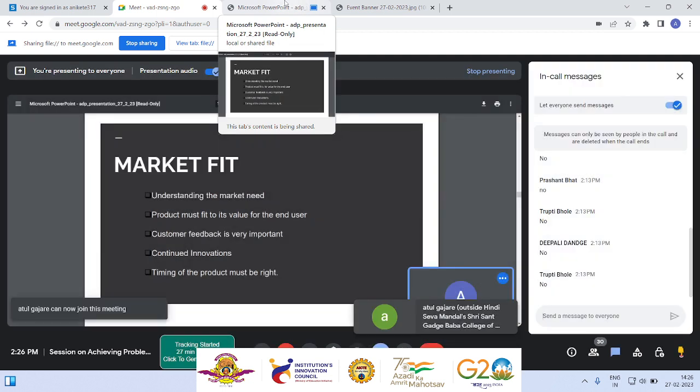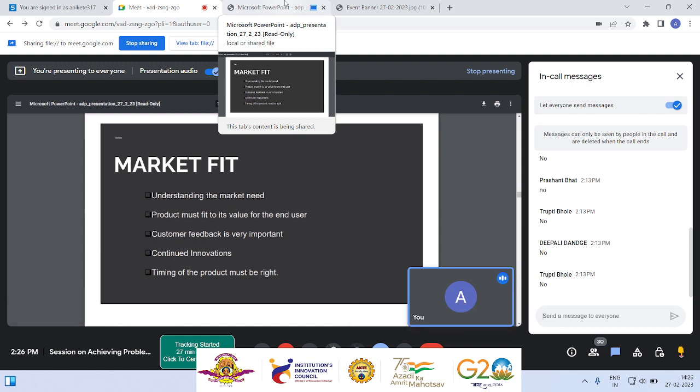Similarly, if I say the LG product is the best television in the 43-inch category, but the customer ratings and feedback for that product are very low, will that product be successful? It might not be successful.